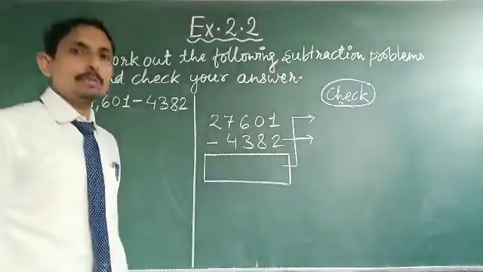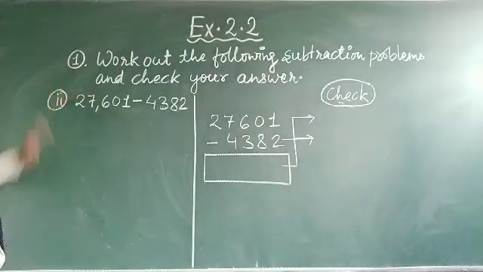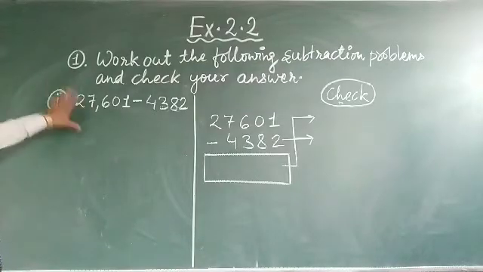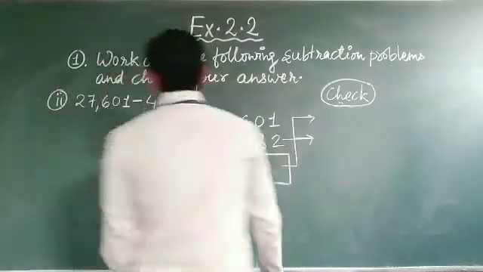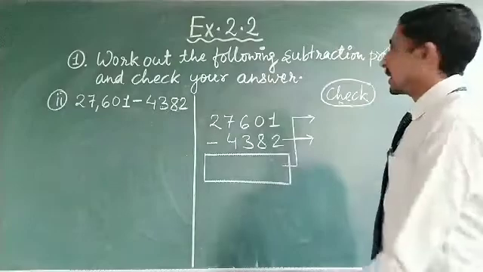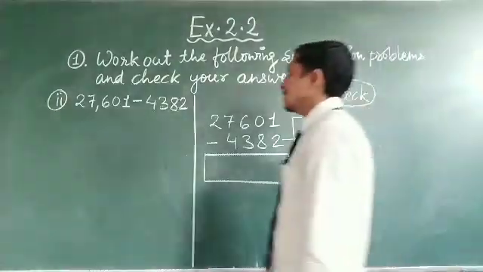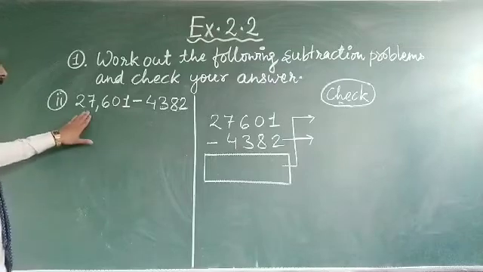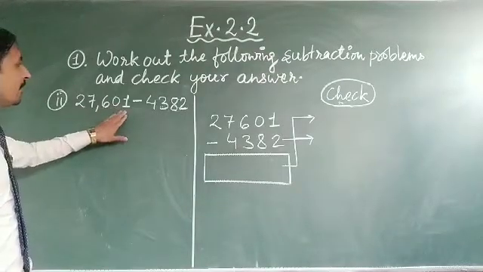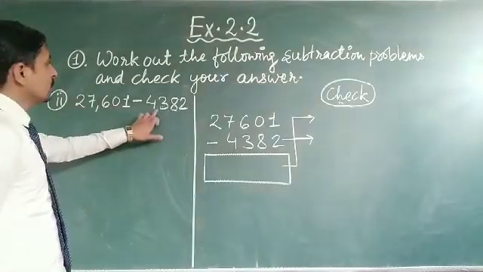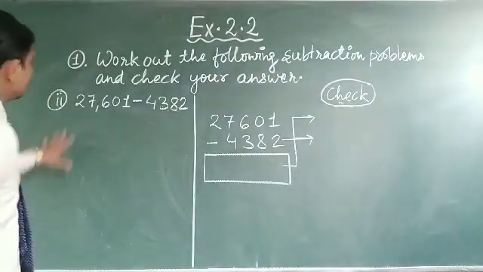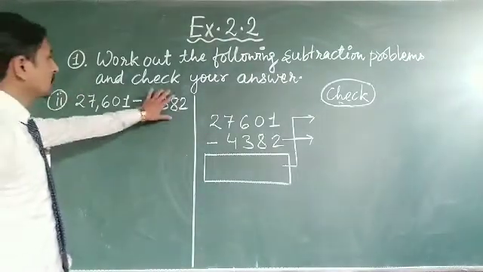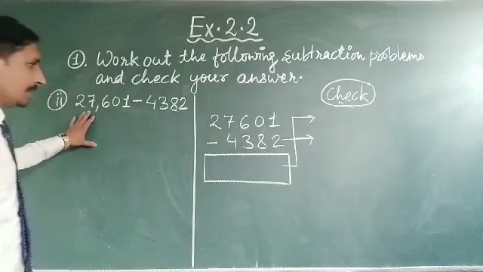Now we come to the next question, question number 2. Again we have to work out the subtraction problem and check the answer. The question is written here, and our first whole number is a 5-digit number, and our second whole number is a 4-digit number. So we can easily subtract the 4-digit number from the 5-digit number.